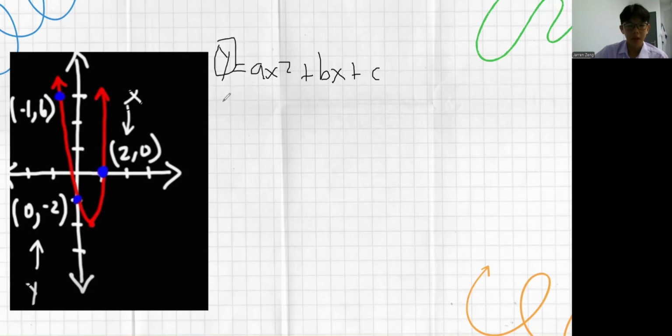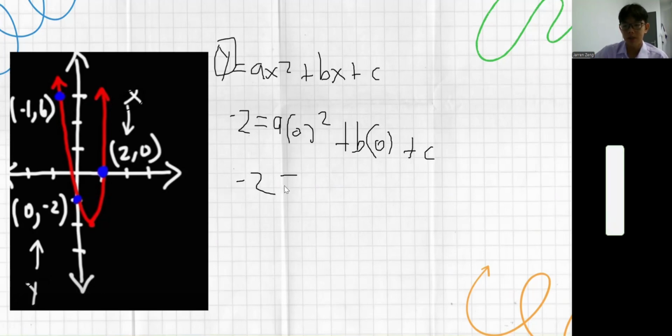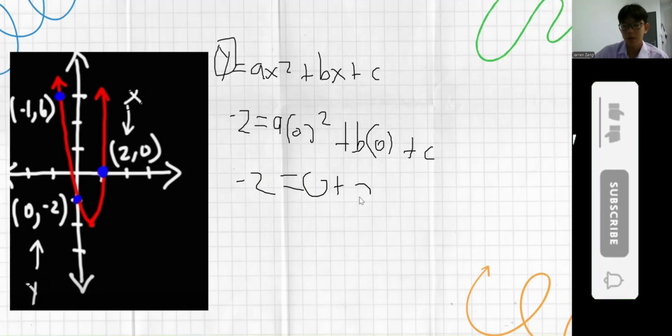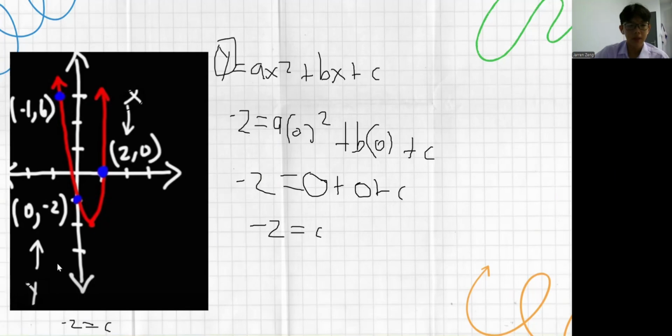So the y is -2, the x is 0 in this case, y equals a times 0 squared, plus b times 0, plus c. A times 0 and b times 0 are always 0. So 0 plus 0 plus c, which then gives us -2 equals c. So this is our first value, c equals -2.